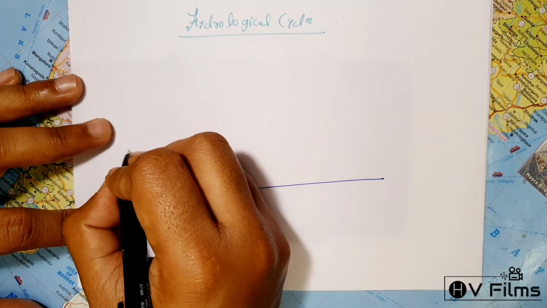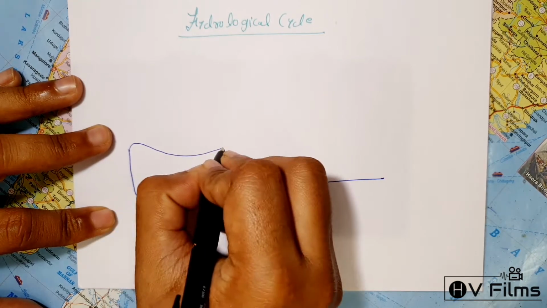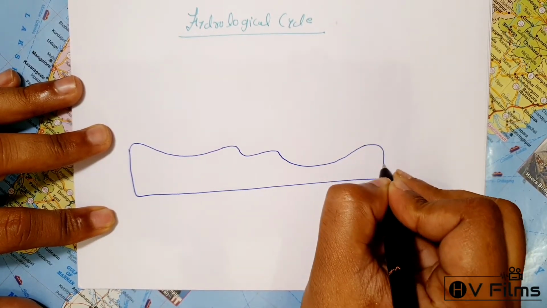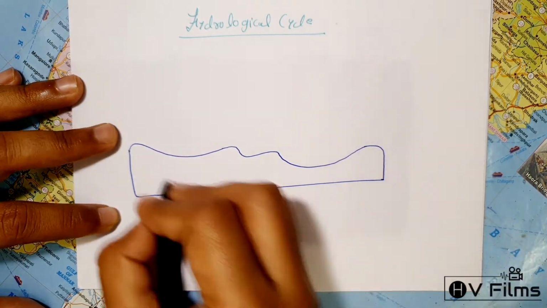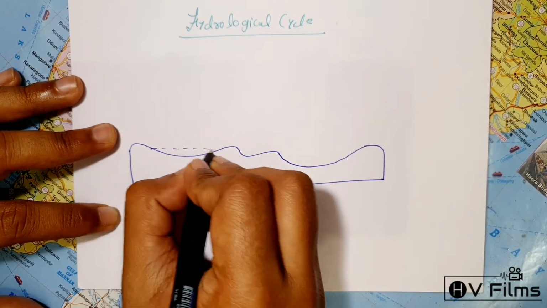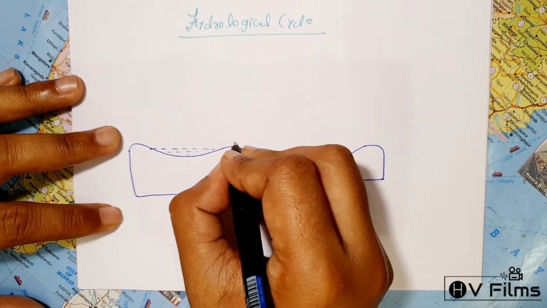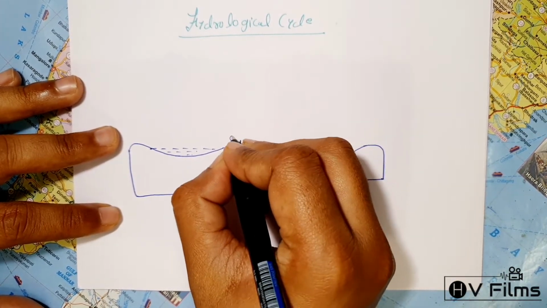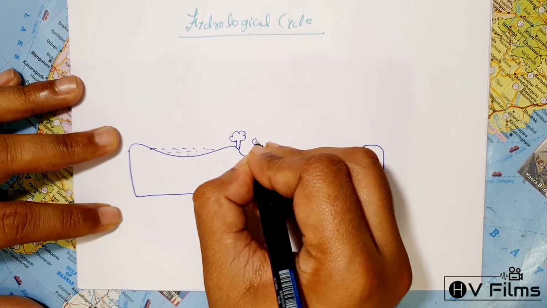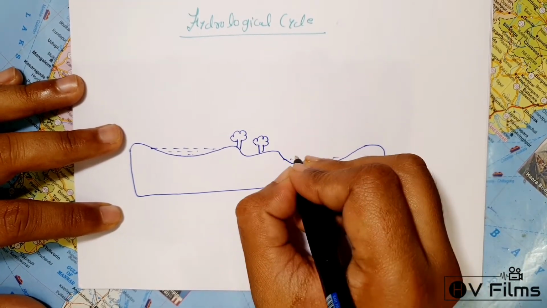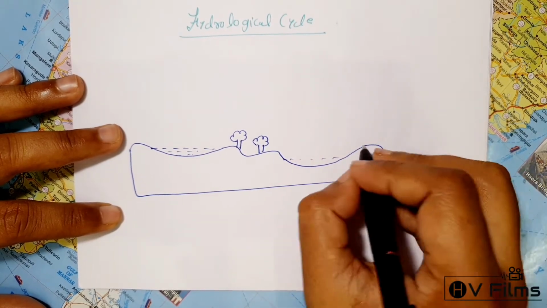Okay, we'll do it like this and this and this and this. So this is the water, these are the trees, and that is a river, you know.